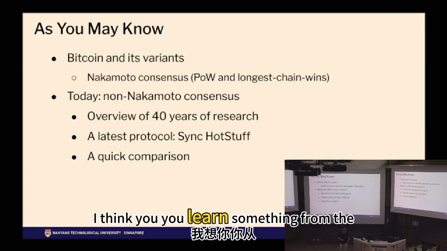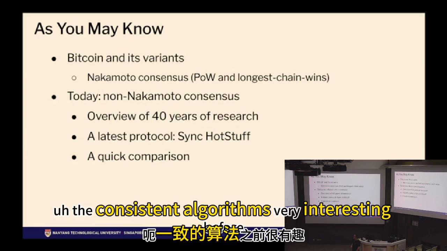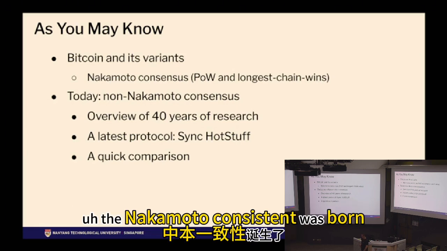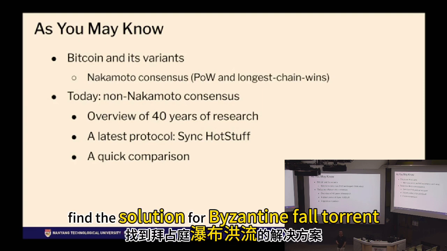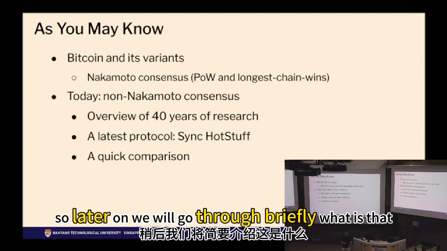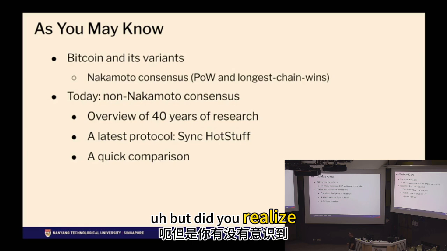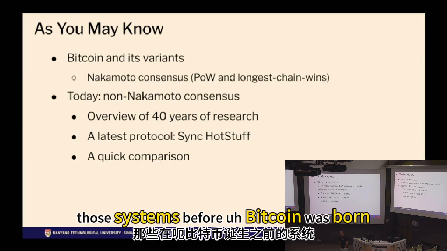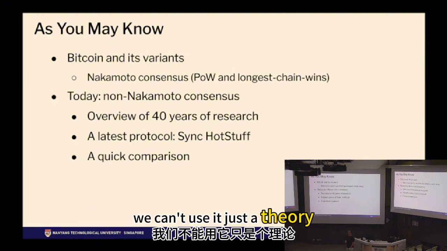I think you learned something from distributed systems. The consensus algorithm is very interesting. Before the Nakamoto consensus was born, a lot of research was trying to find the solution for Byzantine fault tolerance. So later on we will go through briefly what that is. But did you realize those systems before Bitcoin was born, we couldn't use them, it was just theory.